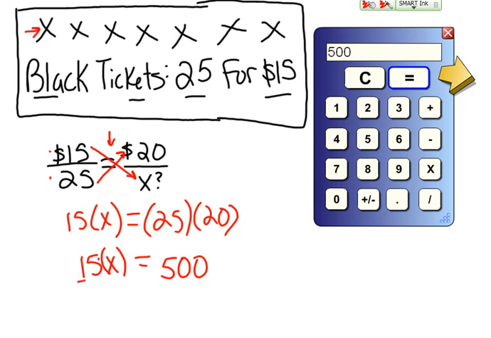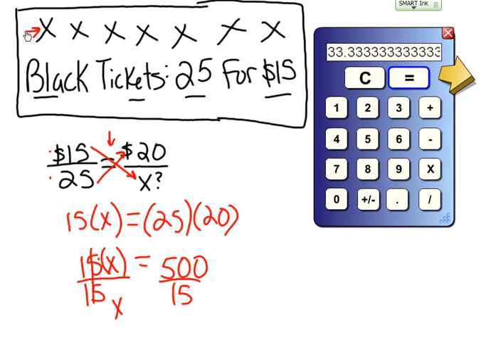So we have to do the opposite. We get rid of the 15, which turns it into 1, and now we just have x. But whatever I do to the left, I have to do to the right. So we get 500 divided by 15, and we get 33 and 1/3. So x is equal to 33 and 1/3.